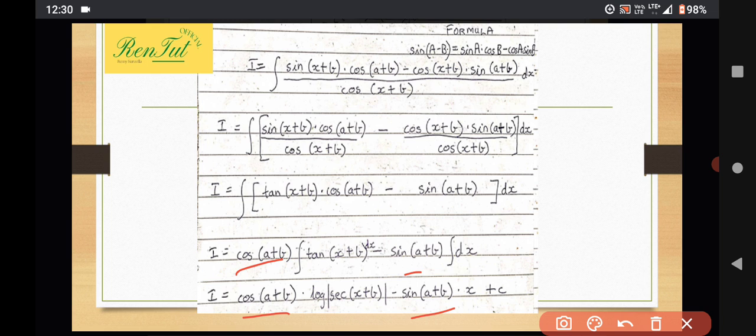We have brought them down, and integration of tan(x + b) dx would be this: log mod of sec(x + b), bracket close and mod close, and afterwards integration of dx is x itself, and we have to put the integration constant c.